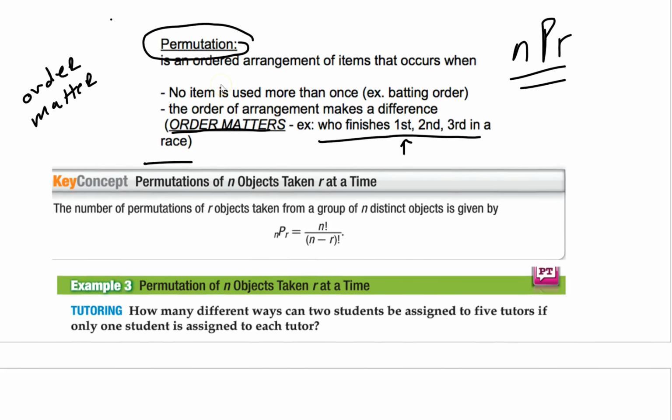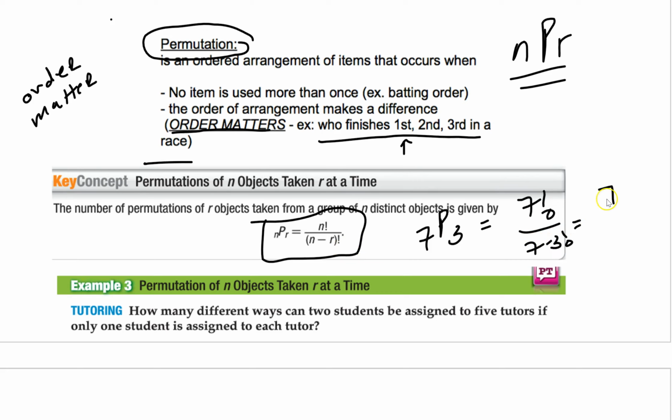Anyway, the formula for that's this right here. As always, I'll give you the formula for it. All it is is factorials. So let's say I gave you 7P3. According to the formula, that's going to be 7 factorial over 7 minus 3 factorial, which is 7 factorial over 4 factorial.